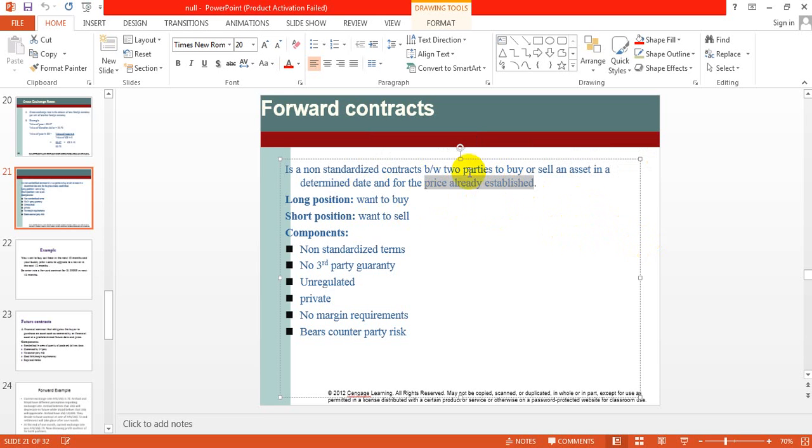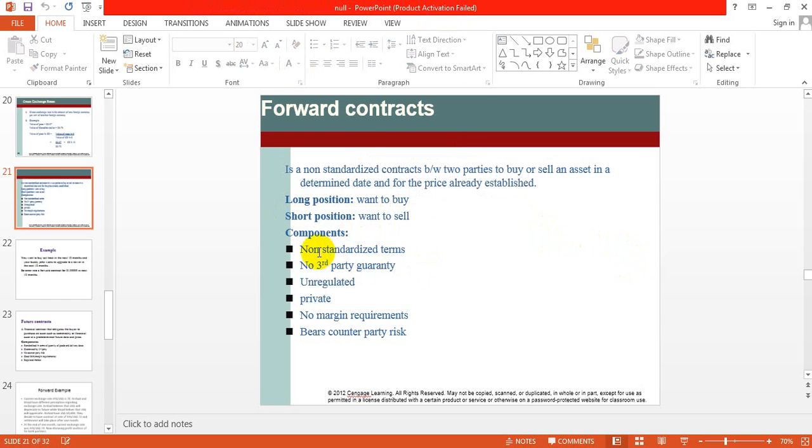This asset can be shares, currency, or anything. Now in this contract, one is the long position and the other is the short position. Long position means you want to buy an asset, and short position means you want to sell the asset.